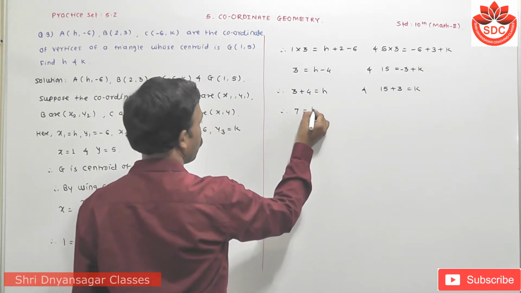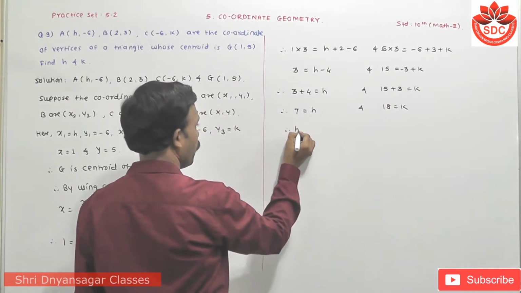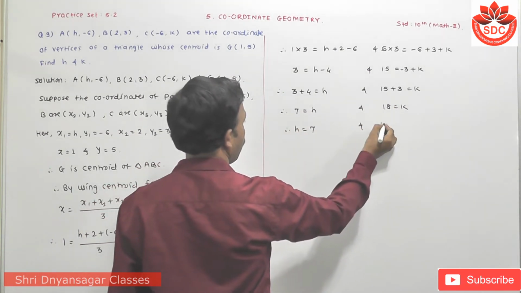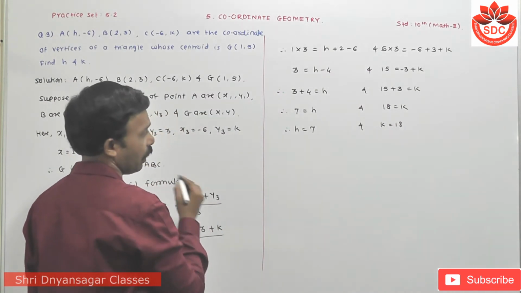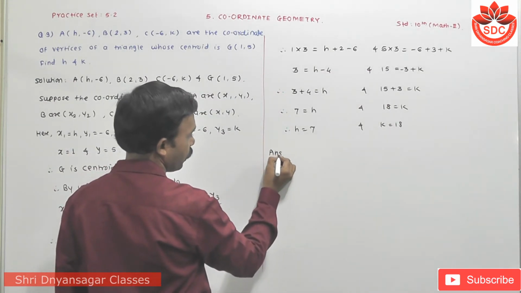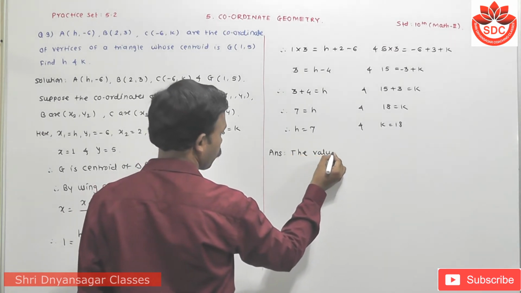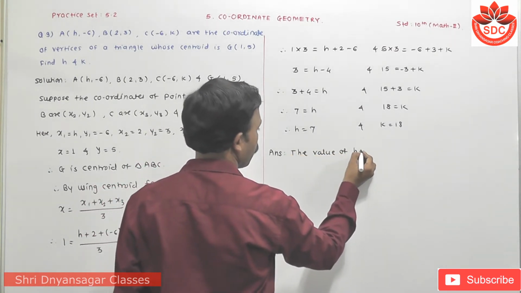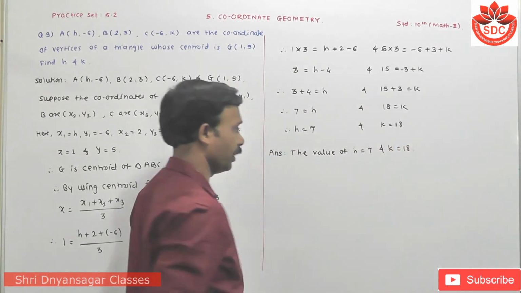Therefore 7 is equal to h and 18 is equal to k. Therefore h is equal to 7 and k is equal to 18. We have to find the value of h and k, so the answer in a full sentence: therefore the value of h is equal to 7 and k is equal to 18.